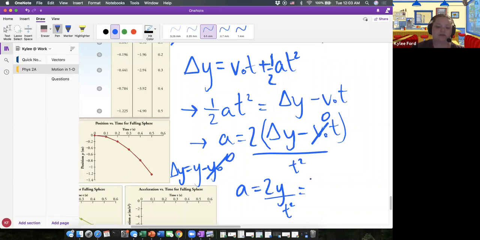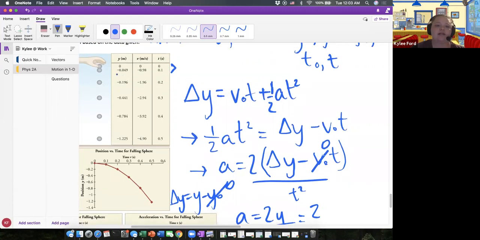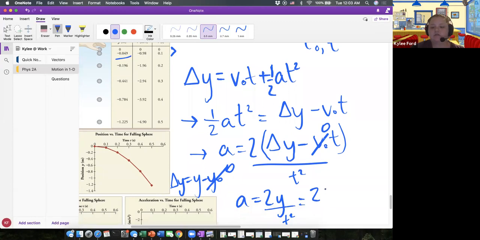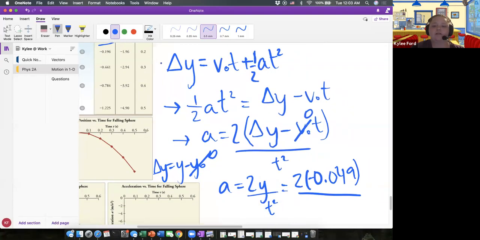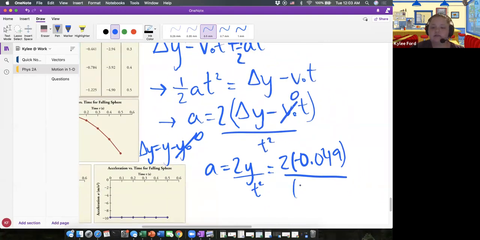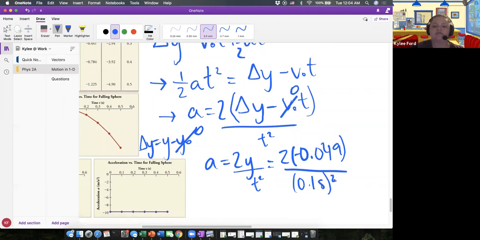All right, so then I want to plug my numbers in. So 2 times y, and my y is going to be negative 0.049, divided by t squared. My t is 0.1 seconds, 0.1 seconds squared.